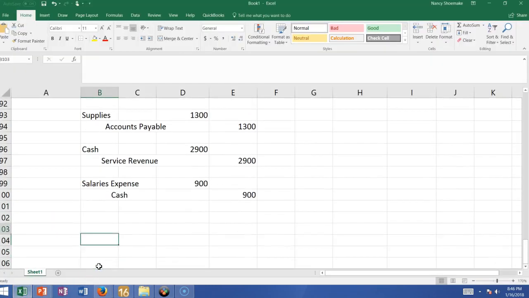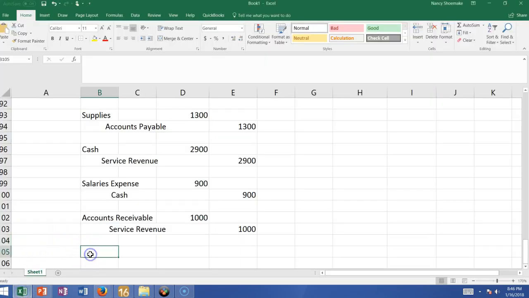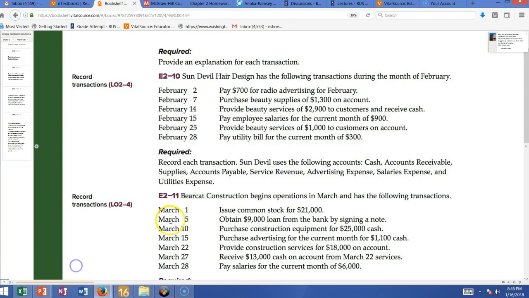So accounts receivable is debited, and service revenue gets credited. Okay, and then the last one, pay utility bill for the current month, $300. Cash credited and utility expense debited. Got it?